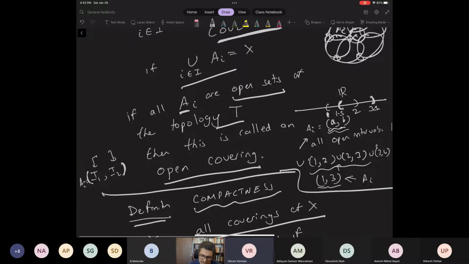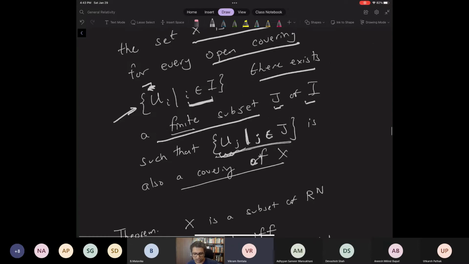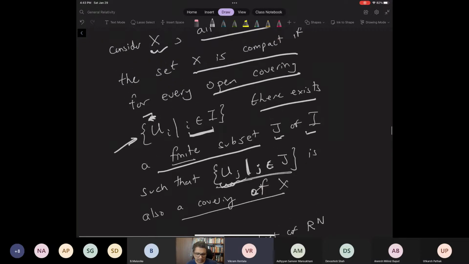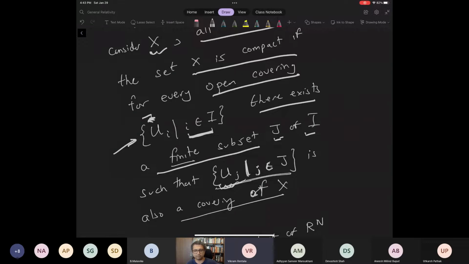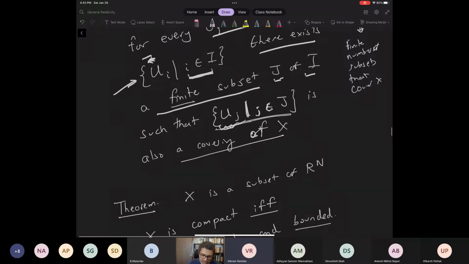In almost every example we looked at, we had an infinite number of sets, because we had an infinite number of I1, I2 that we could choose, and an infinite number of them were glued together to cover X. Now what we want is to select a subset of them such that only a finite number cover X. So for every covering, every example that you gave me, if we can find a finite number of those subsets that cover X, then we say that X is compact.